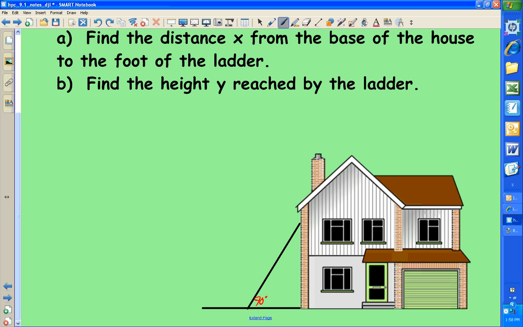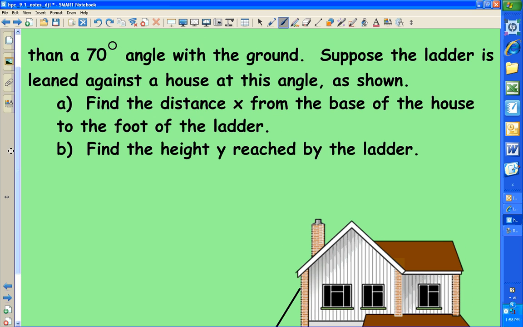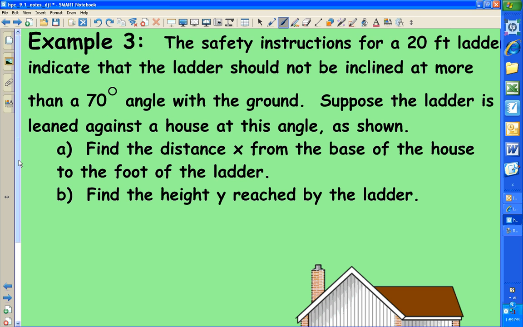I'll visit you at the hospital. Okay? So, 70-degree angle, the ladder's leaning against the house, just like I showed you. Find out how far from the base of the house, because you're not going to get out there with a protractor. Just figure out what the bottom distance has to be, and then how high up the house can you reach. Now, we got a 20-foot ladder.